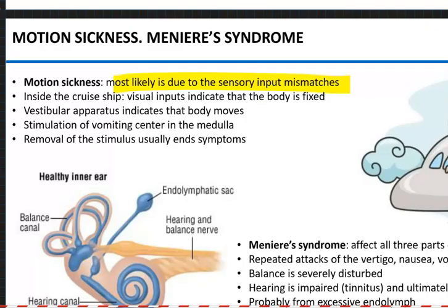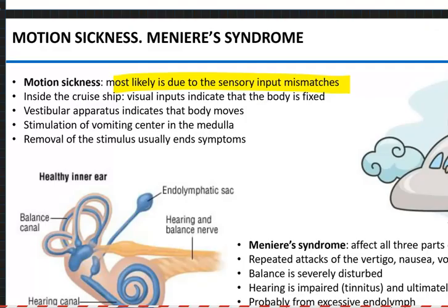Now, you sit in the back seat with a book or phone, and you're looking at your screen. From your eyes' perspective, are you moving? No. From your vestibular apparatus, you are. Nobody gets sick when they drive. But if you're a passenger, especially when you're reading, you can get sick. Okay?